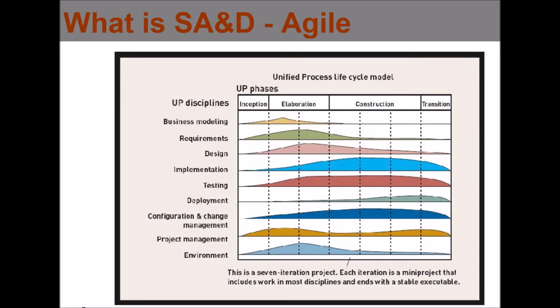If you look on the left-hand side, what you'll see is business modeling, requirements, design, implementation, testing, deployment, configuration, and then right at the bottom, project management and the environment. All that is largely the pieces that we've discussed already in the systems development lifecycle.